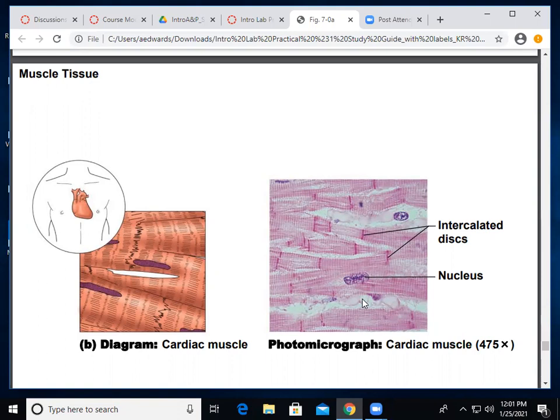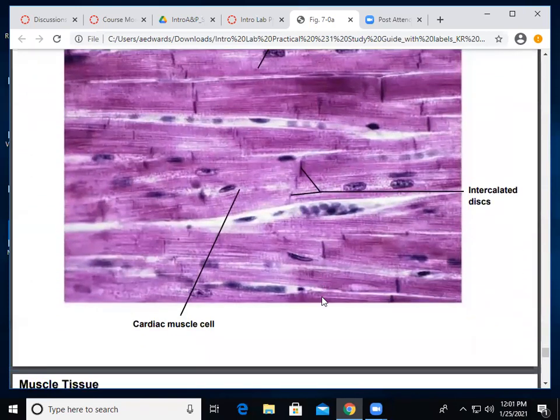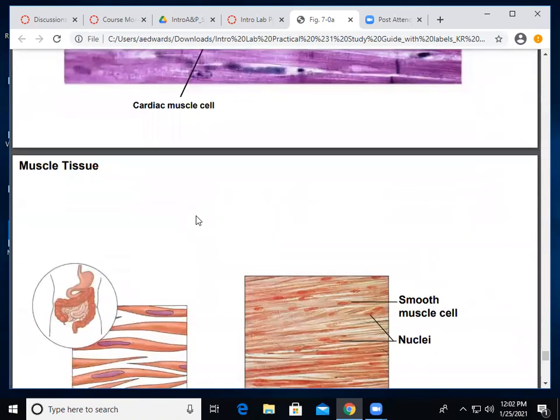You see the intercalated disc. That's your characteristic that it is cardiac muscle.